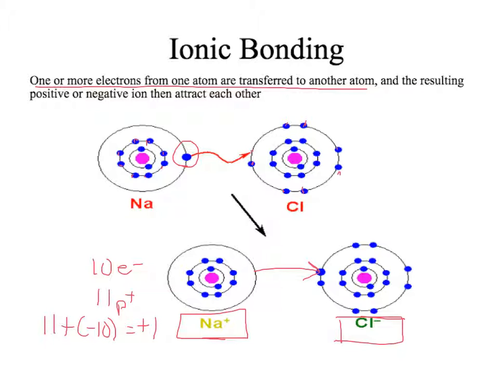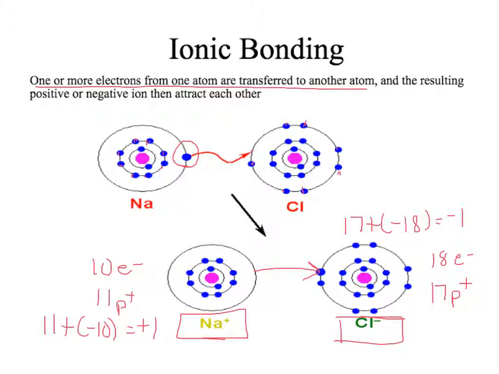Over here, chlorine. Chlorine, by definition, is atomic number 17. It has 17 protons. But now it has gained 1 electron from the sodium, so it now has 18 electrons. So 17 plus a negative 18 is a negative 1 charge. So that's why the chlorine has a negative sign beside it.